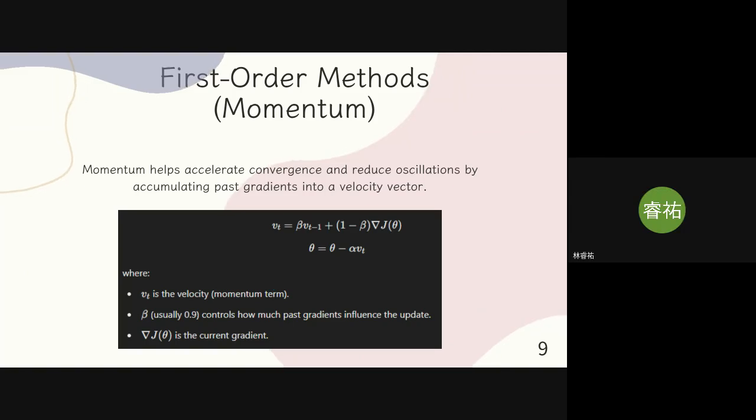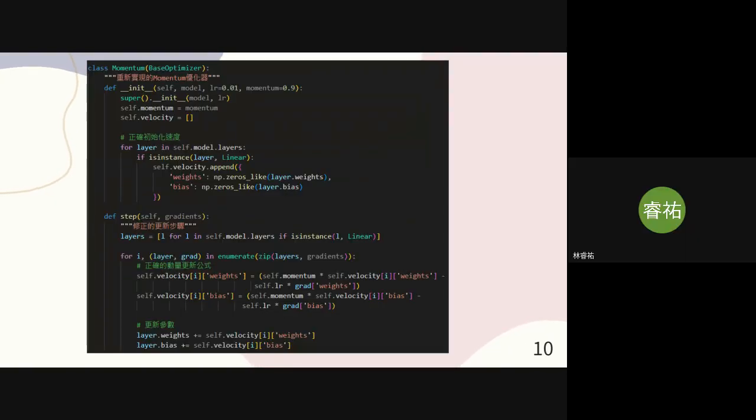The momentum helps us accelerate convergence and reduce oscillations by accumulating past gradients into the velocity vector. It remembers the vector and uses it for the next updates. And this is our implementation.